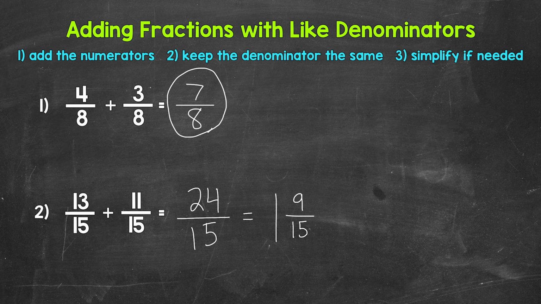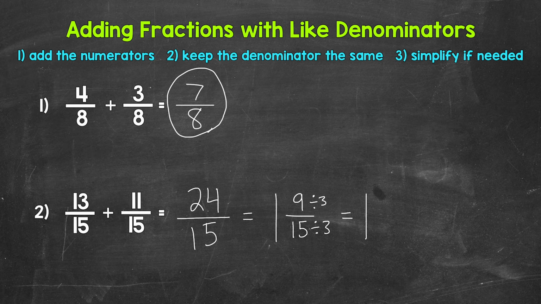We have the correct mixed number here, but we can actually simplify the fractional part. We have a greatest common factor of 3 that we can divide both 9 and 15 by. So let's divide 9 and 15 by 3 in order to simplify.